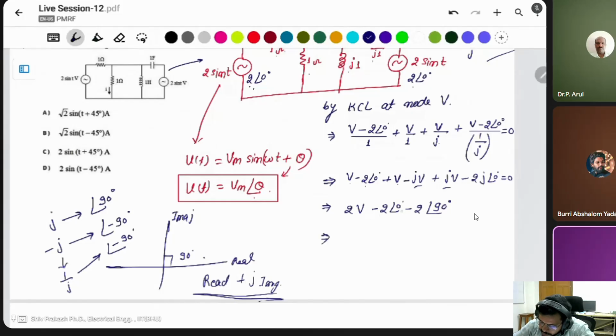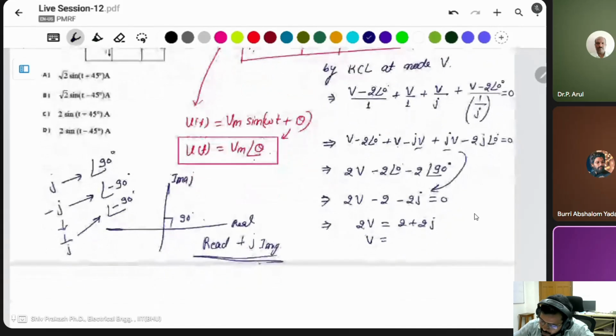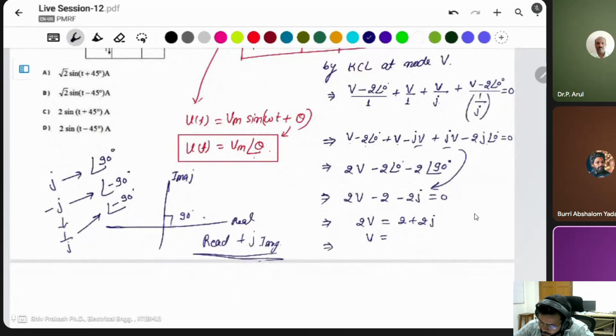Or the same thing you can say: here 2 at angle 0 you can simply write as 2 minus 2j is equal to 0 from this one. You can write this one also: this 2V is equal to 2 plus 2j. 2 is common from both left and right side.